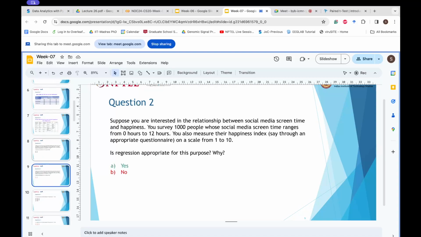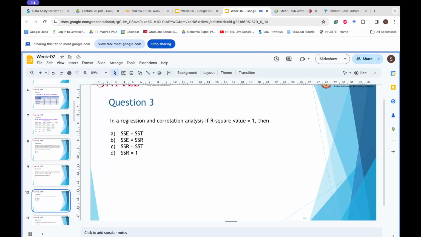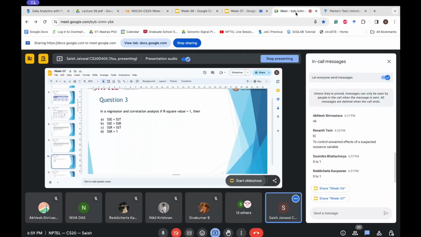Okay, so here the answer was yes. In a regression and correlation analysis, if r square value is 1, then what will be the answer over here? Think over it, what is the formula for r square? Is it C?